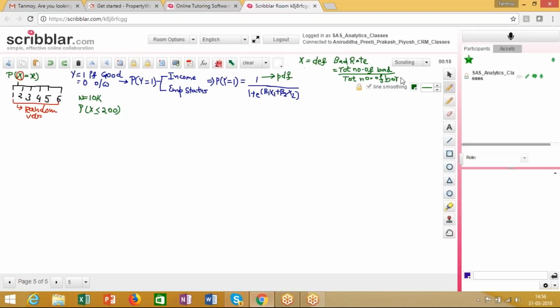Now this concept of bad rate is going to play a very critical role in risk analytics going forward. When we are developing PD models, LGD models or scorecards, the concept of bad rate is going to be really important. So be very clear about this concept of bad rate.